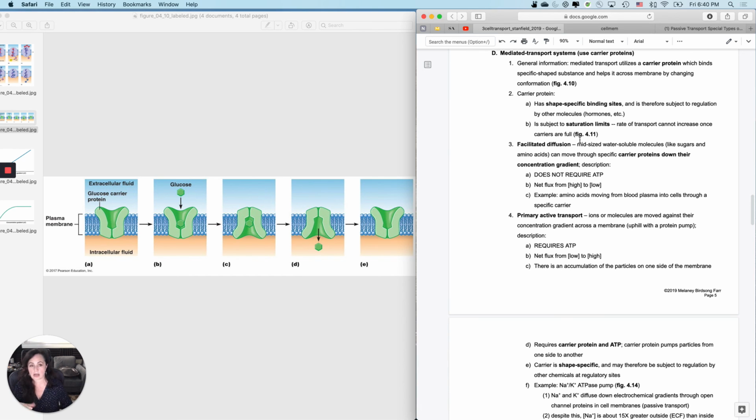Sometimes they include channels, but for my purposes and your textbook purposes, let's say that mediated transport systems use carrier proteins. And in the next video, which is going to be like a little challenging potentially, we're going to talk about using a carrier protein to move something the opposite direction that it wants to diffuse. And this is going to be active transport.